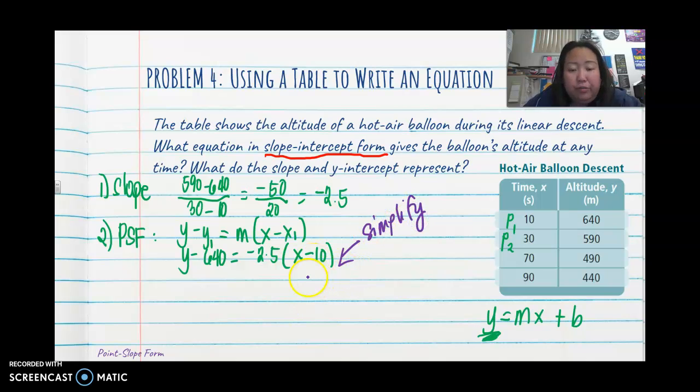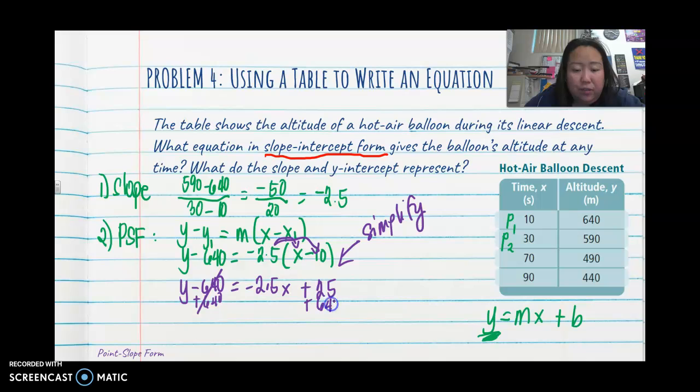The first thing you can do is distribute your slope. So you will have y minus 640 is equal to negative 2.5x, and negative 2.5 times negative 10 will become plus 25. Again, for the slope intercept form, we need to have y by itself. So we isolate our y and add 640 on both sides.